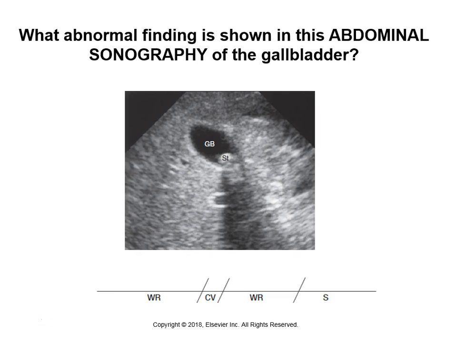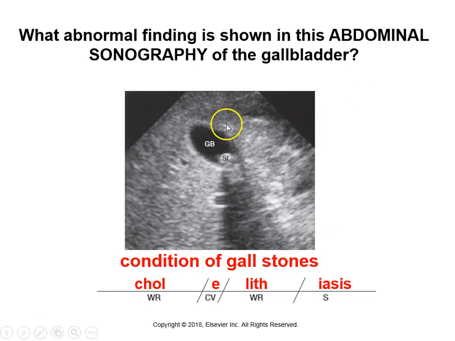The ST should give it away. It is a gallstone. So here's the gallbladder. Again, the reflection is based on density. So because the gallbladder is an open area sac, it should appear dark. And you can see there's a stone there. So this would be cholelithiasis.